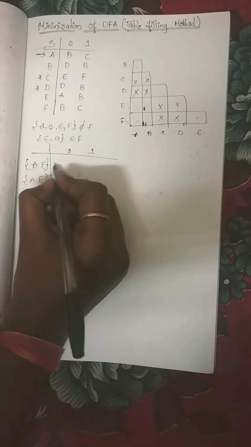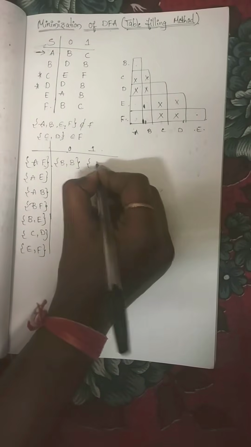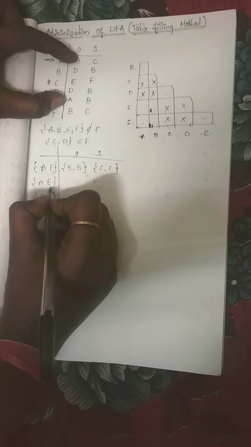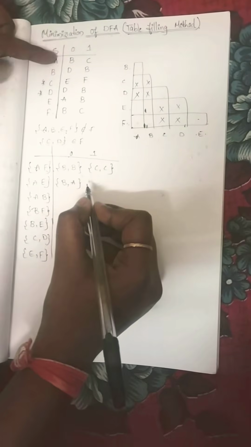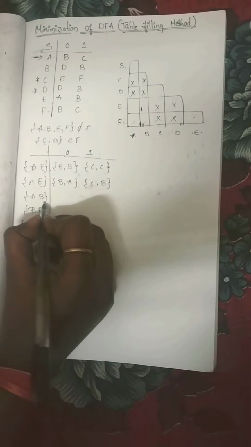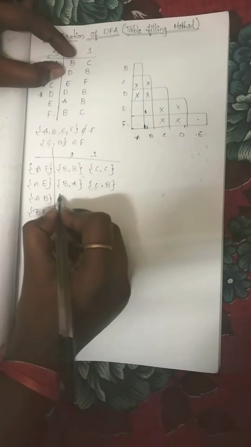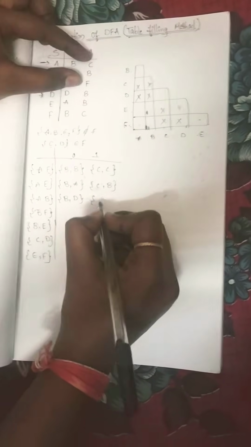A on 0 goes to B and F on 0 goes to B, so write B, B. Then A, F on 1 goes to C, C. A, E on 0 goes to B, A. A, E on 1 goes to C, B. A, B on 0 goes to B, D. A, B on 1 goes to C, B.